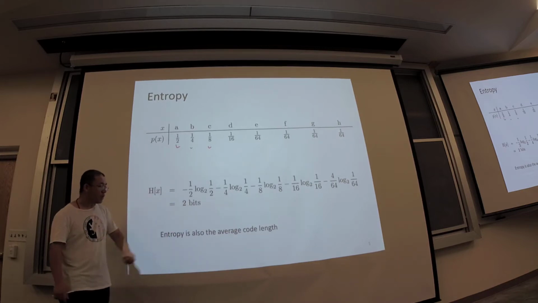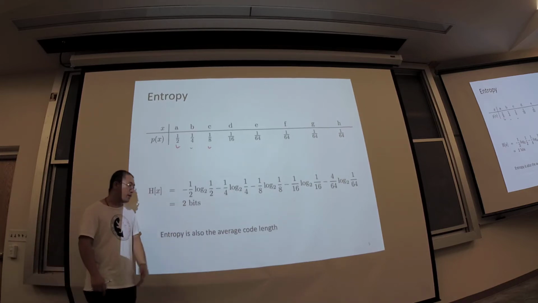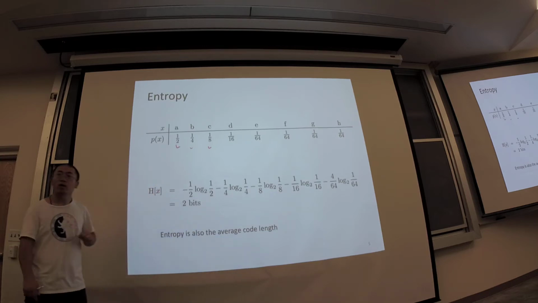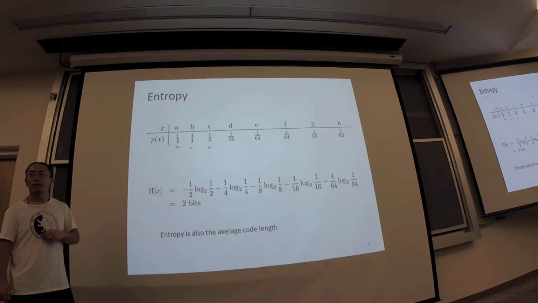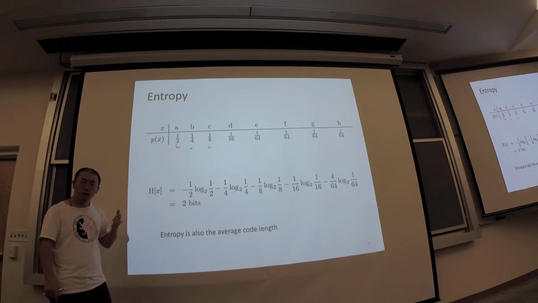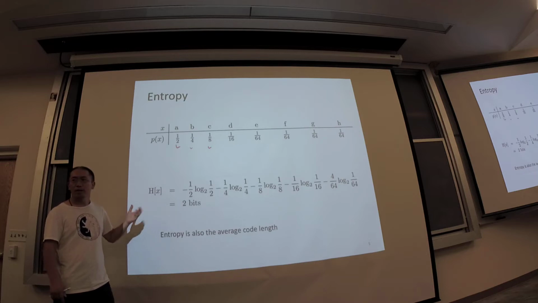So from coding theory, entropy is the average code length. You want to encode a random variable, and if you know its distribution, what is the most efficient way to code it? It's called Huffman coding, if I'm not wrong.